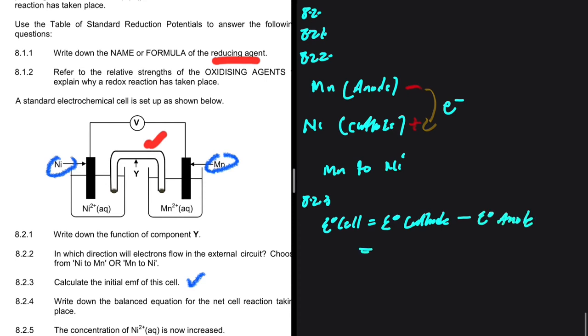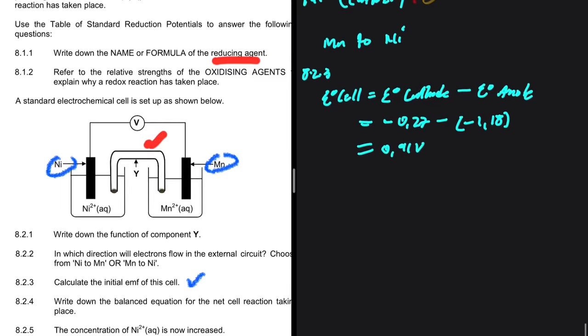At the cathode, we have Ni with a reduction potential of minus 0.27, minus the reduction potential at the anode where we have Mn, that is minus 1.18. If you put that in your calculator, you should get 0.91 volts. This is quite an easy one.